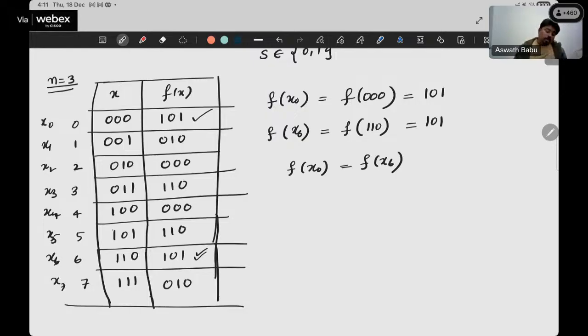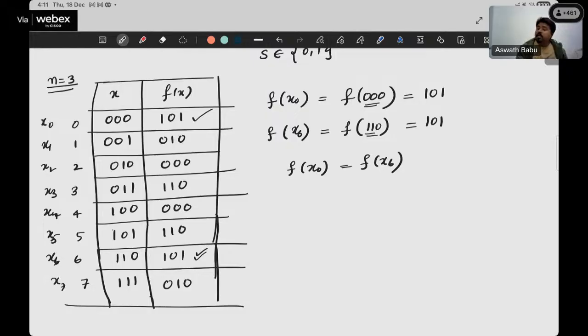Now x0 and x6 are different. What are they? They are triple zeros and 110. And there exists an s.